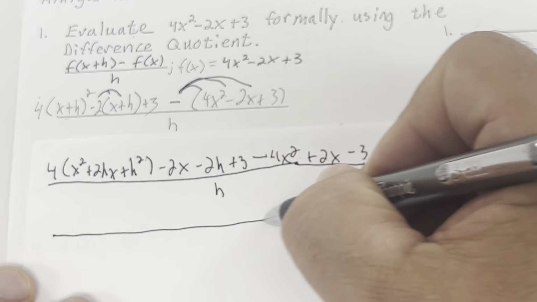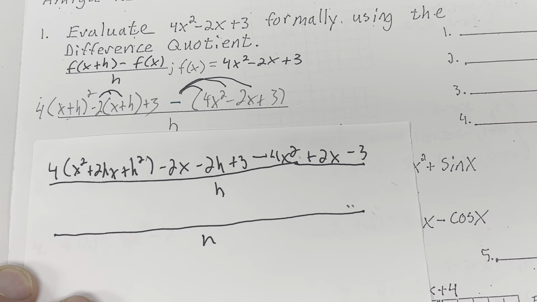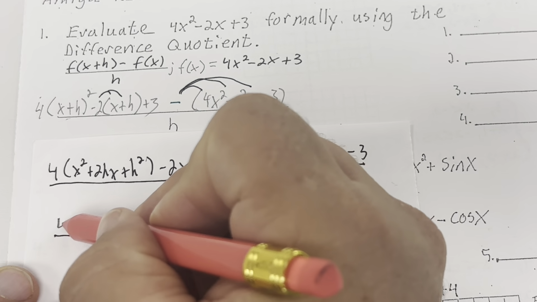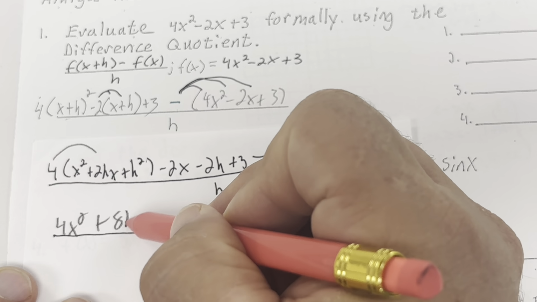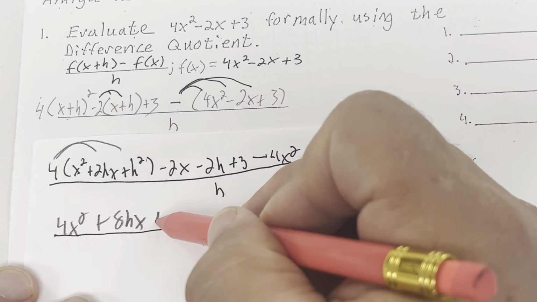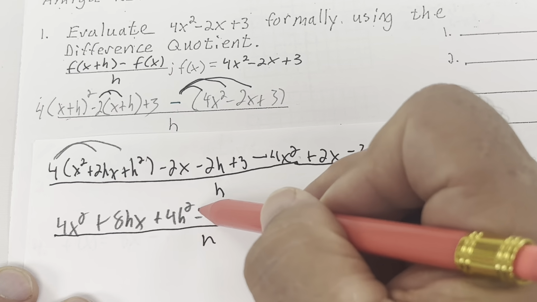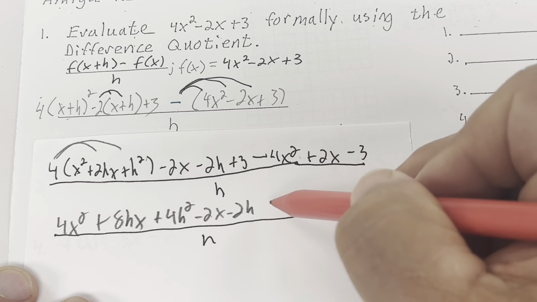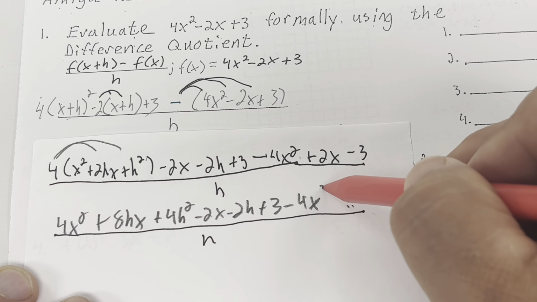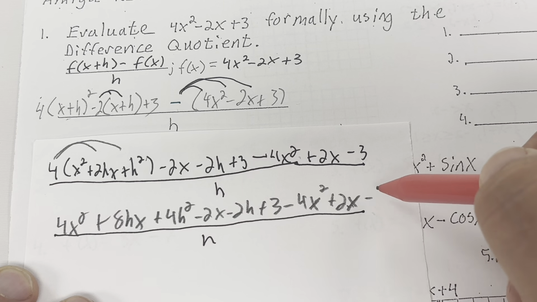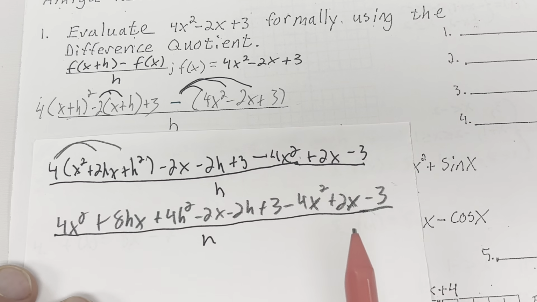Big division bar over h, 4 times x squared, that's 4x squared, plus 4 times 2hx, 8hx, plus 4h squared, minus 2x, minus 2h, plus 3, minus 4x squared, plus 2x, minus 3, over h.